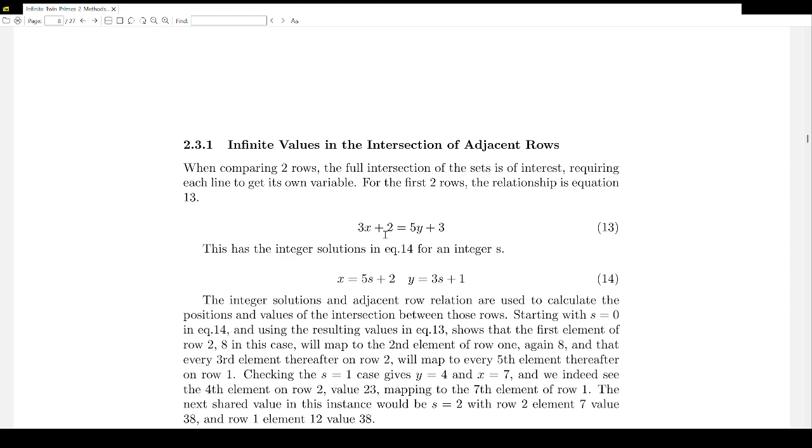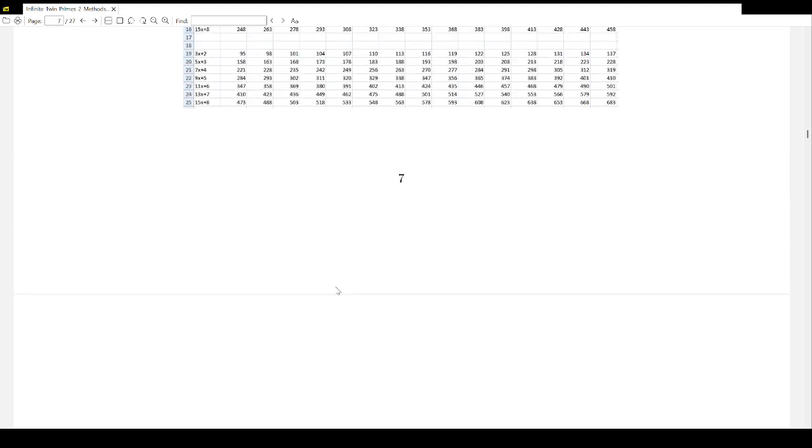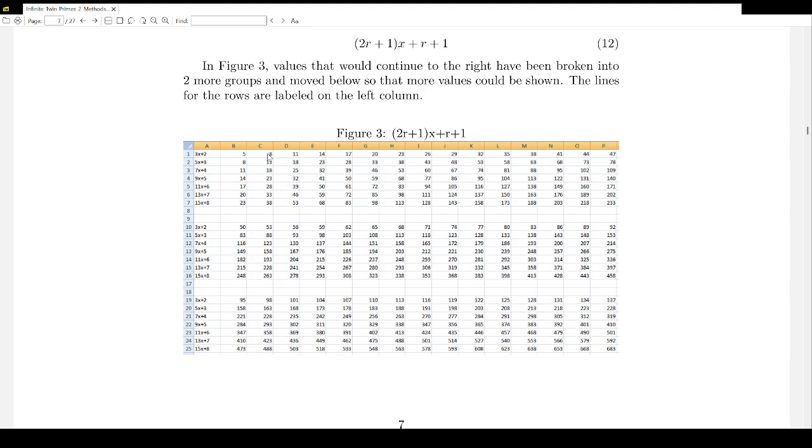We want the values that are 3x plus 2 and 5y plus 3. And now this has integer solutions for an integer s. As you can start to see here, the first pair is 8. Because of the relationship between 3 and 5, you're going over. The next one is 23. Then we go over a couple more and we get 38.